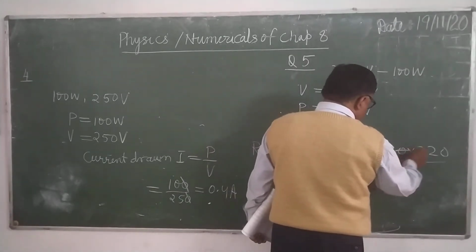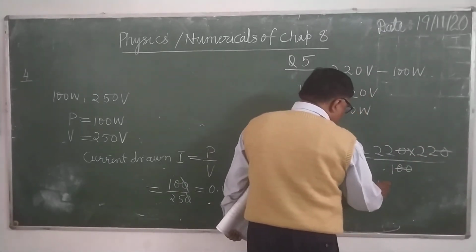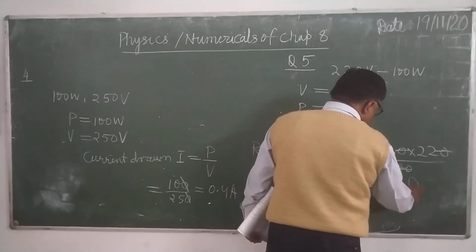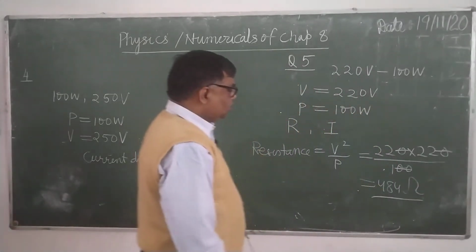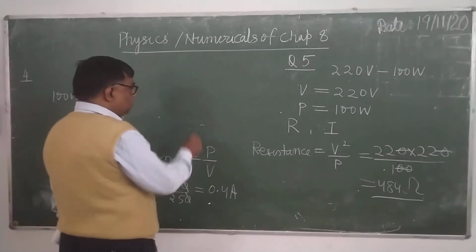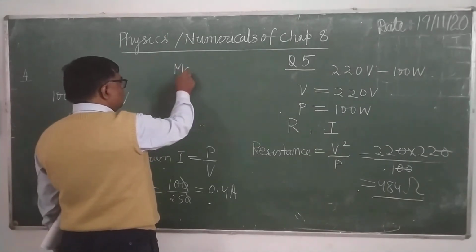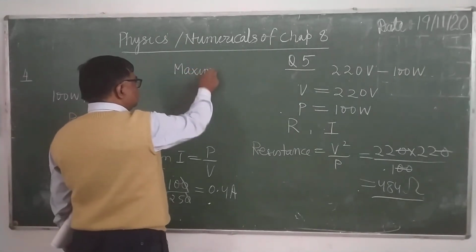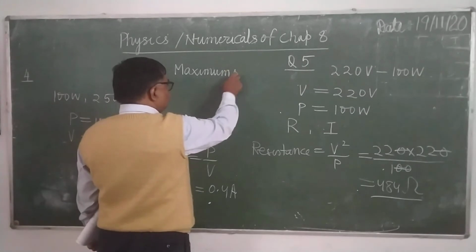It will be cancelled. What will you get? 484 ohm. Then maximum safe current. I am writing here. Maximum safe current.